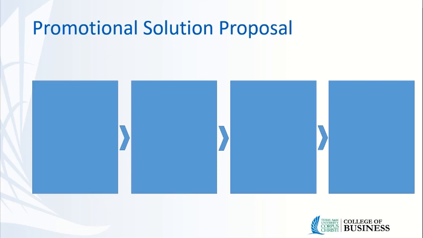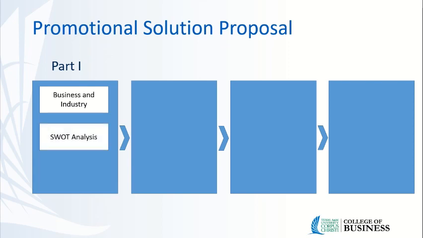So this is a promotional proposal that contains 4 parts. The first part includes the business and industry section, right? It includes a SWOT analysis, and it includes promotional needs or objectives.